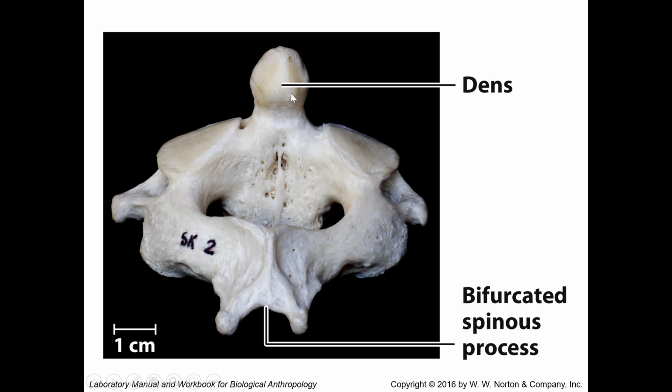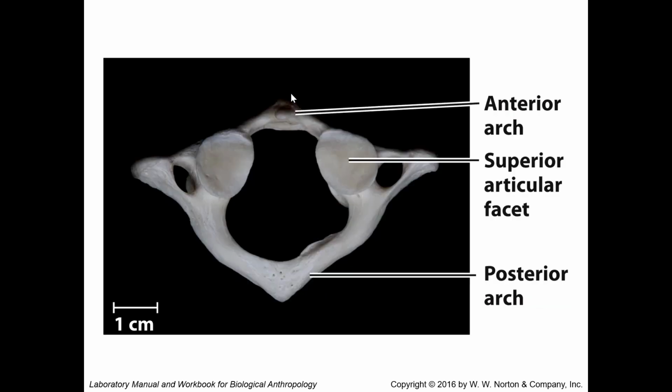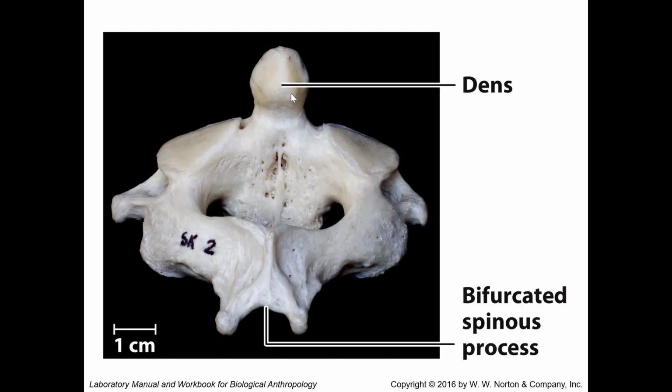So the way that I remember the atlas first is I think of Greek mythology and I think of Atlas, who is in charge of carrying the globe on his shoulders. So I imagine the head as the globe and then the Atlas bone, right, holding the globe on its superior articular facets. If that helps anybody, I hope it does.